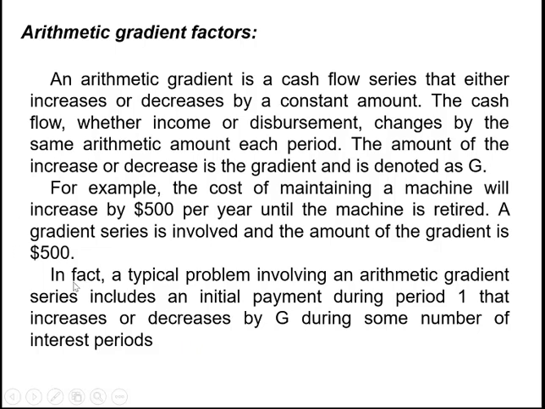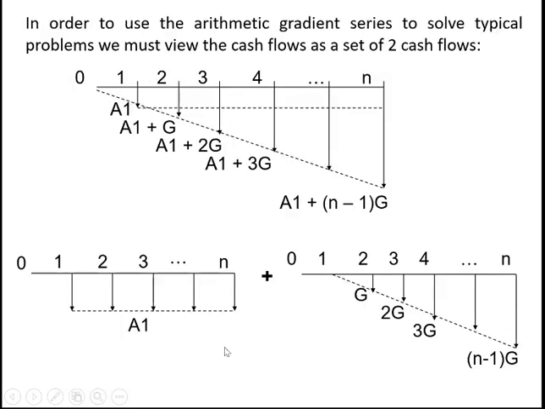In fact, typical problems involving an arithmetic gradient series include an initial payment during period 1 that increases or decreases by G during some number of interest periods. And look at the diagram here.